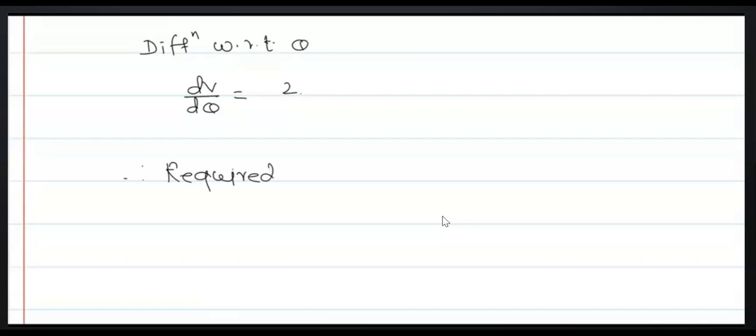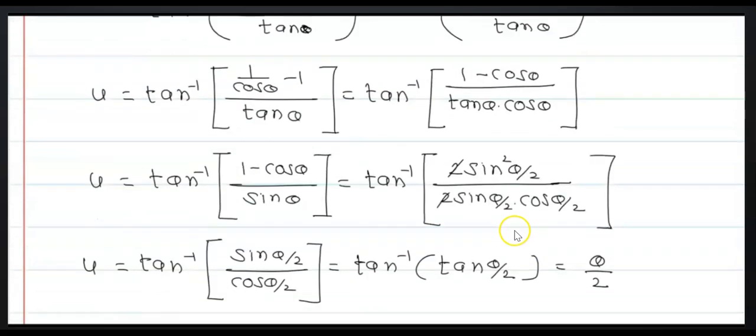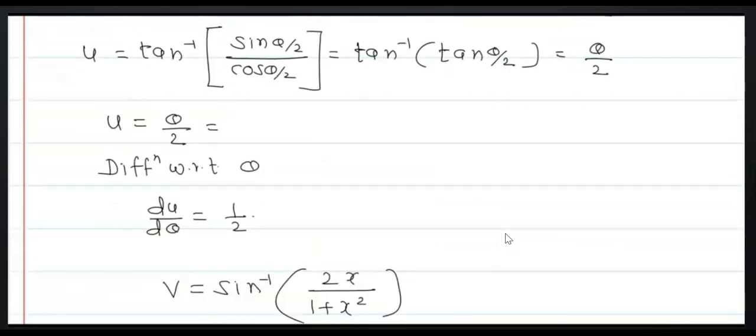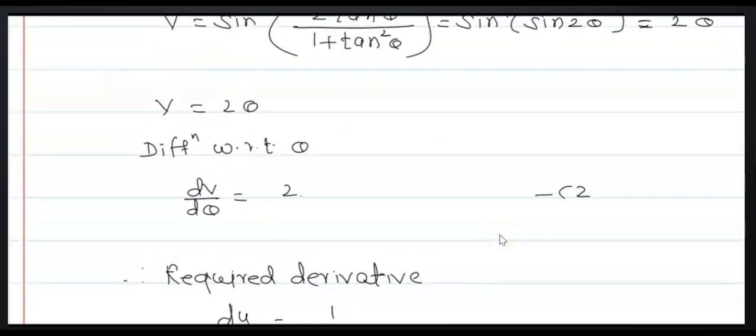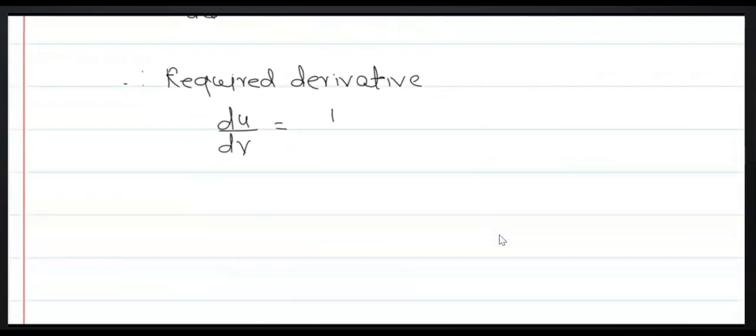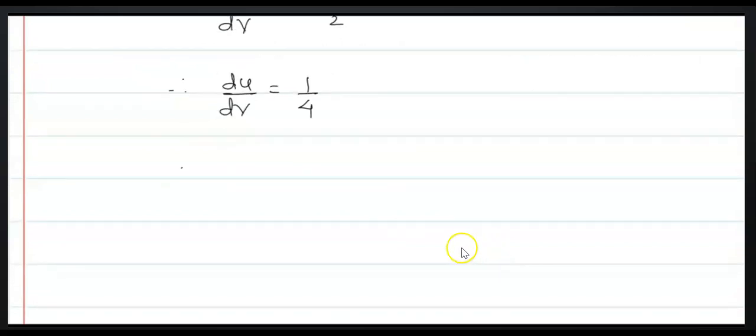Again I am making a mistake. There is a mistake by me. This is 1 upon 2 upon 1 upon 2. Therefore, du by dv is equal to 1 upon 4.